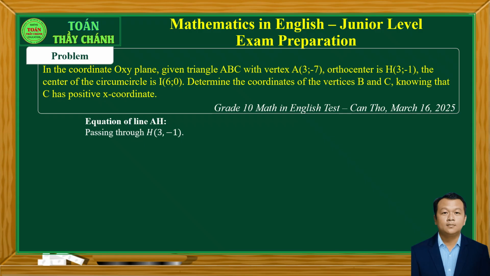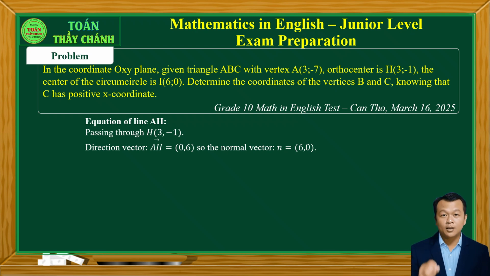Now, we find the equation of line AH. It passes through H with coordinates (3, -1). The direction vector of AH is (0, 6). So a normal vector is (6, 0).